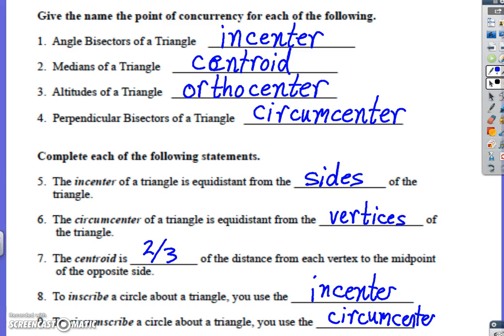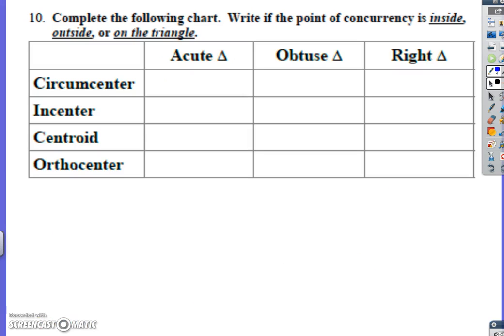All right, so now let's go ahead and fill in this chart here, whether the point of concurrency is inside, outside, or on the triangle. We're going to look at these and get these notes down, and we will practice them more in class tomorrow.